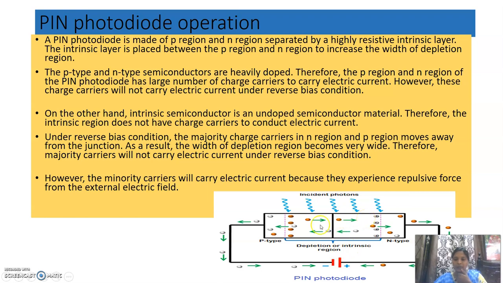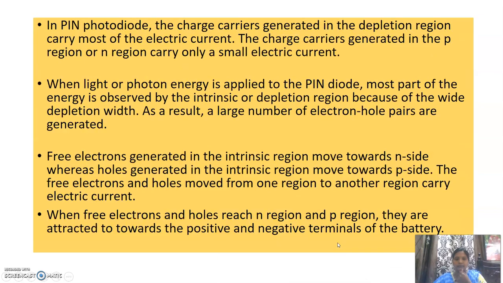When a photon is incident, the electron will move towards the n side and the hole will move towards the p side. The charge carriers moving inside the semiconductor give us a current in our external circuit. So in the PIN photodiode, the charge carriers are generated in the depletion region.